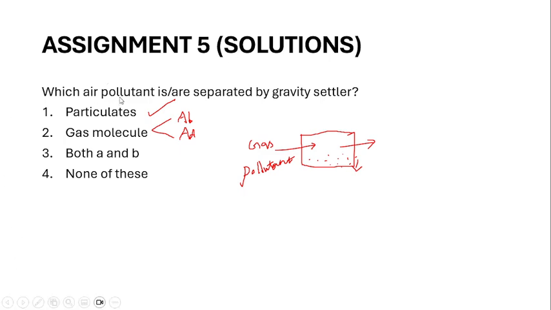So the air pollutant separated by the gravity settler is the particulate. These are the particulate matter, separated based upon gravity-based settling here. And the gaseous molecules are in general absorbed or adsorbed by using solids and liquids. The right answer is particulates.